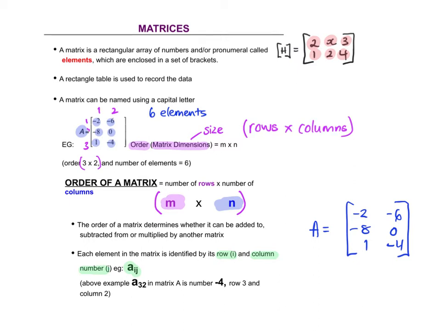On this example, they're telling me to go to row 3, column 2. So 1, 2, 3, I'm in this row down the bottom, and then column 2 would be here. That's the element they're talking about, -4.